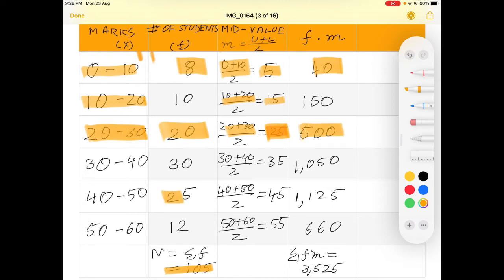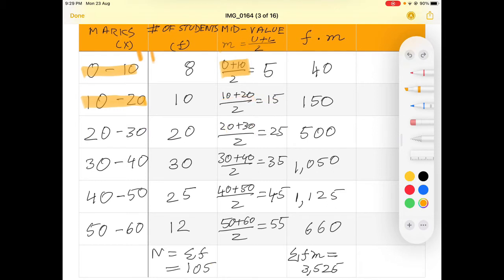Similarly, 25 into the mid value 45 gives me f into m of 1125. Once we have found the frequency into the mid value for each class interval, we add all these values to get a sum total of f into m of 3525. This is the value which we will end up using in our problem.